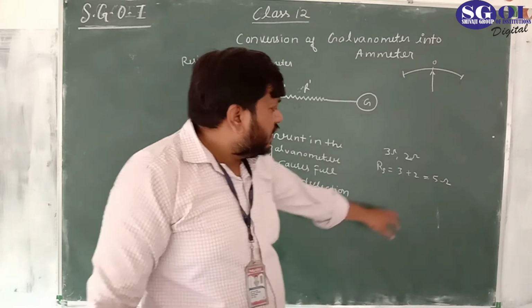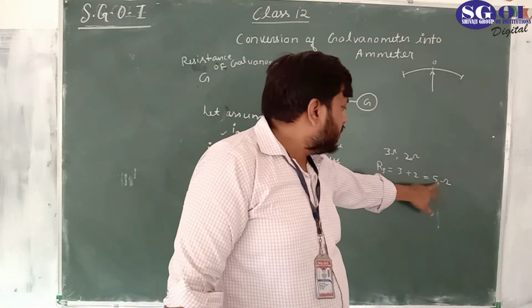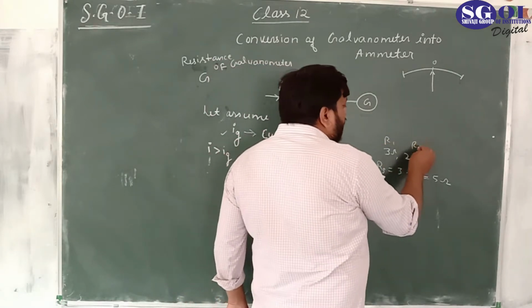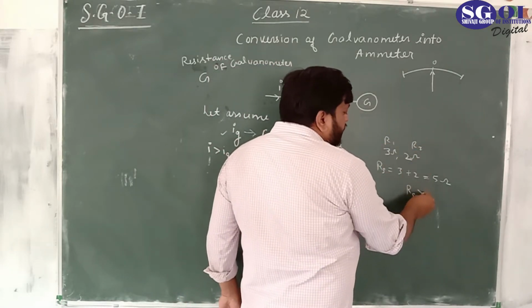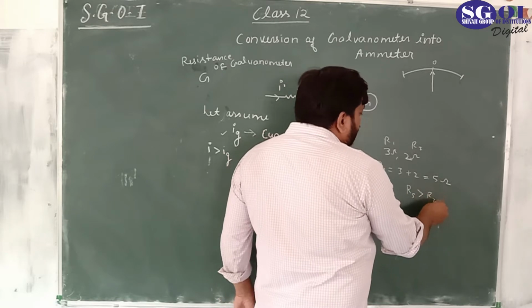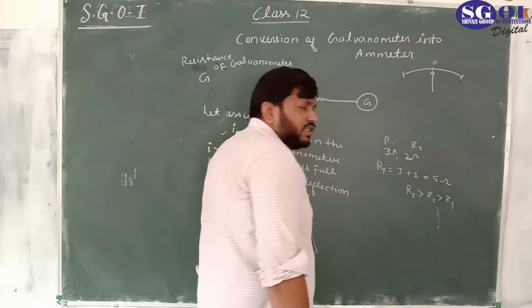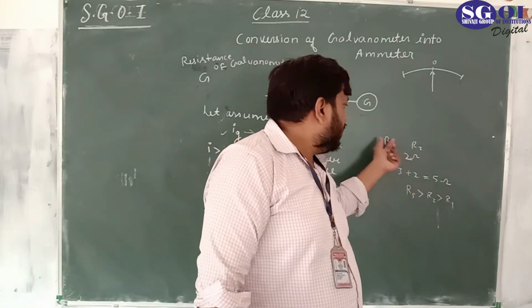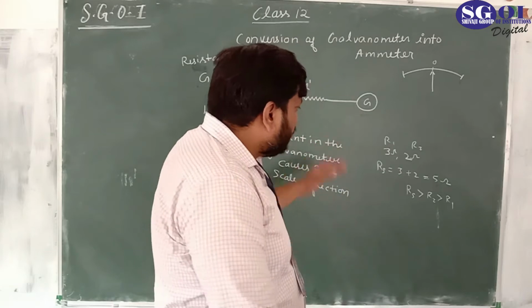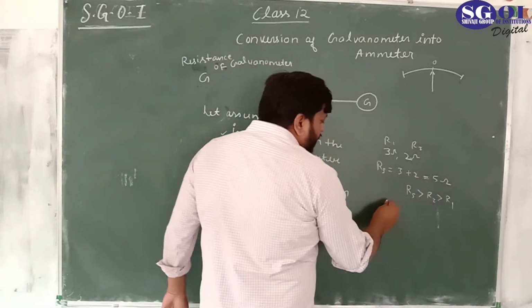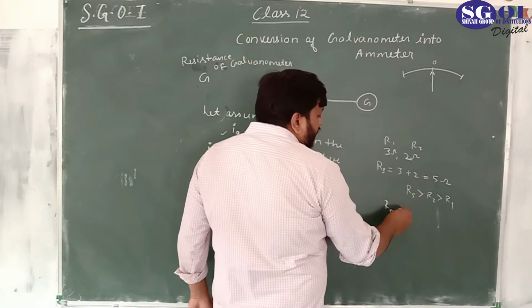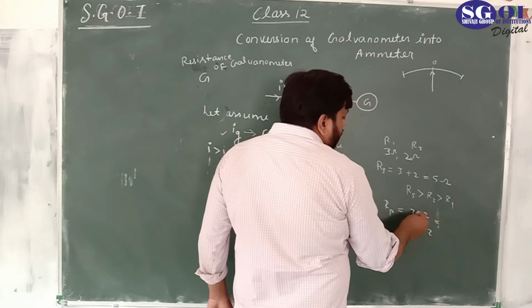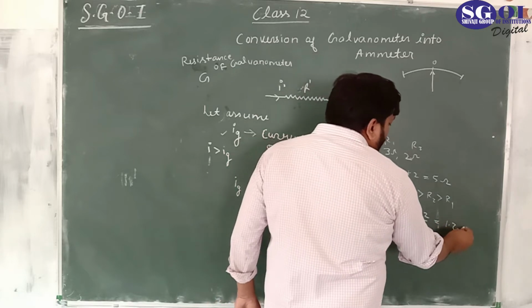You are seeing that this resistance RS is greater than these two resistances. If this is R1, this is R2, we can say RS is greater than R2 is greater than R1. It means the series resistance is the largest of these. Now if you talk about parallel connection, RP is 3 into 2 upon 3 plus 2, which is 6 upon 5, 1.2.